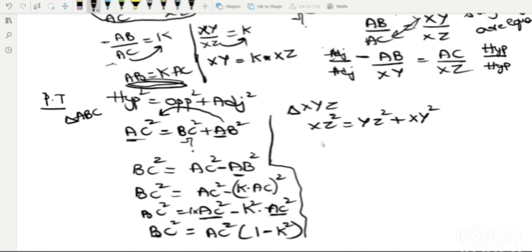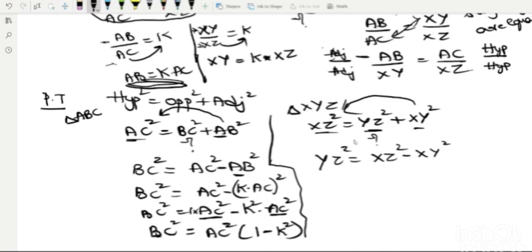Now let us solve this thing. Here we know the values of XY and XZ. We need to find the value of YZ. So this becomes YZ square equals XZ square, and if the term is shifted here, this becomes minus XY square.